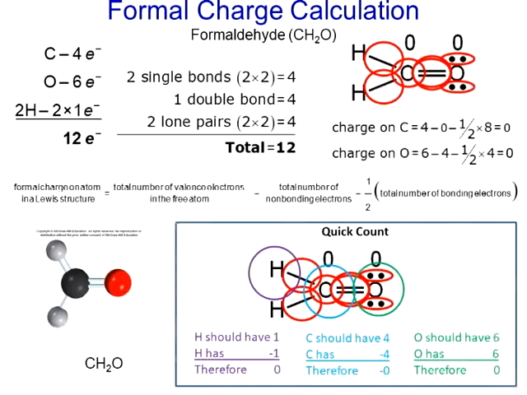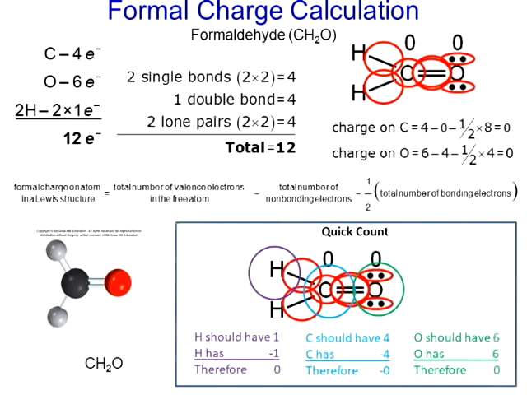Okay? So in this case, we have a charge of 4 minus 0 minus 1/2 times 8, which gives us 0. Oxygen, 6 minus 4 minus 1/2 times 4 equals 0. So in this case, we have a 0 charge on carbon and a 0 charge on oxygen. This is the preferred structure.